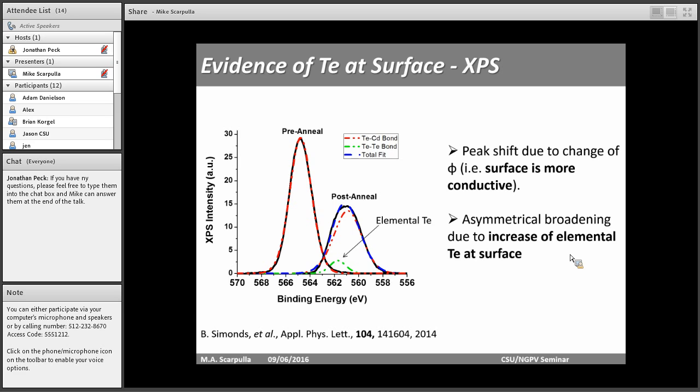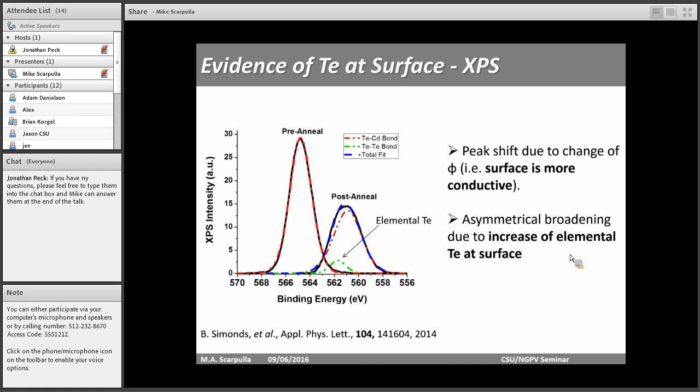And after we did this laser annealing, we saw first a large shift from a peak centered at about 565 electron volts over to about 561. That first large peak shift is attributed to the reduction in surface charging. It turns out that the tellurium-rich surface conducts better than the stoichiometric cadmium telluride, and so we had a qualitative sign that the tellurium richness was formed.